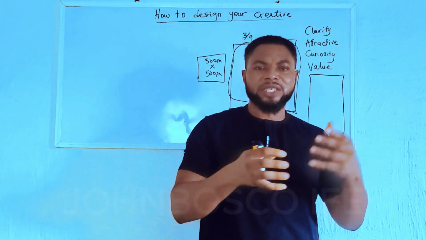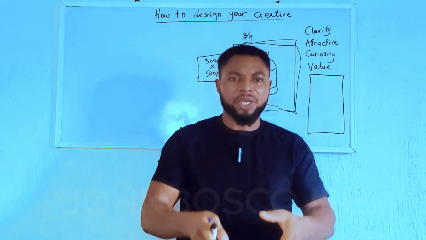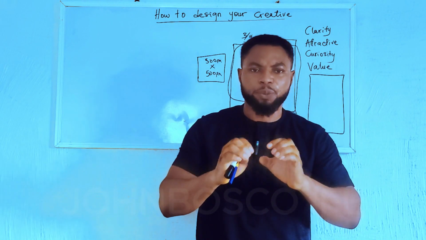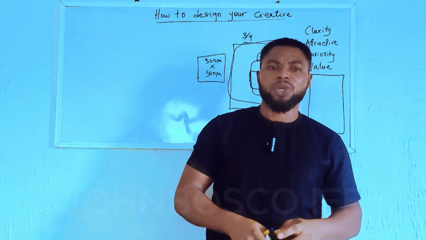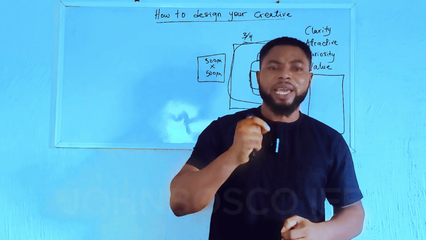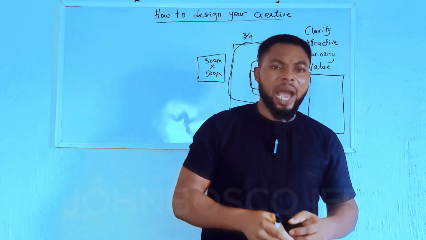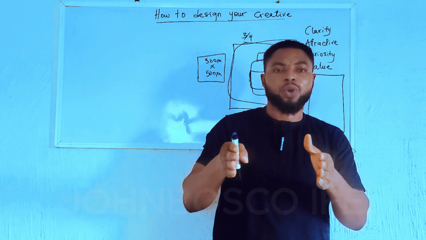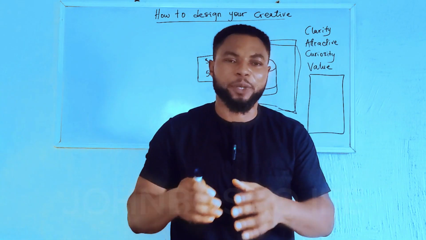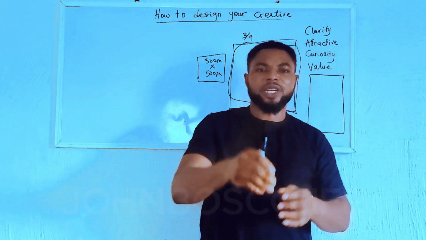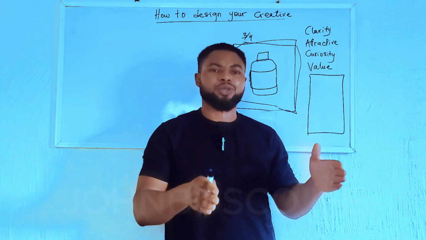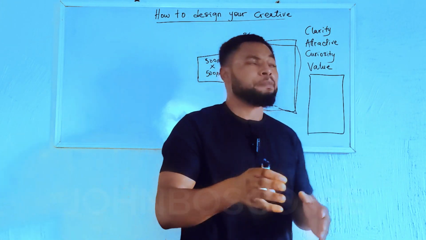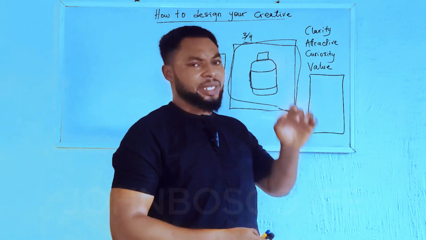When you are able to get these 4 factors keyed in and properly handled in your creative, your advert will be getting a high click-through rate. And once you're having more landing page views, like we discussed in the other video, you are most likely going to be getting purchases. So this is the very short video on how to design a profitable and powerful creative.